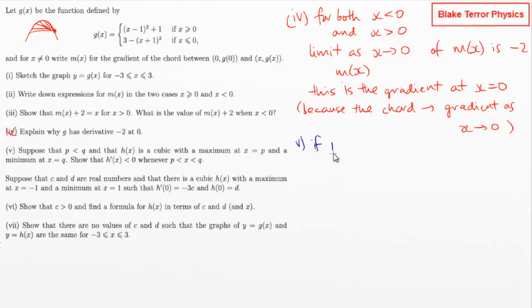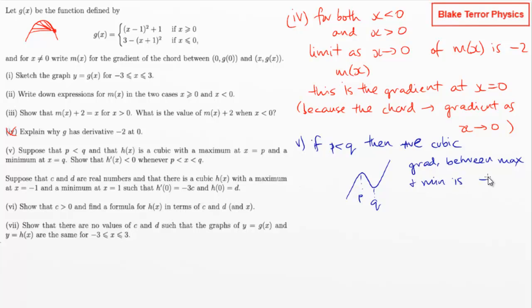So if p is less than q, then we've got a positive cubic, which is going to look like that. So we've got a maximum here at p, a minimum here at q, and the gradient between a maximum and a minimum is negative. Therefore, h dash of x is less than 0.